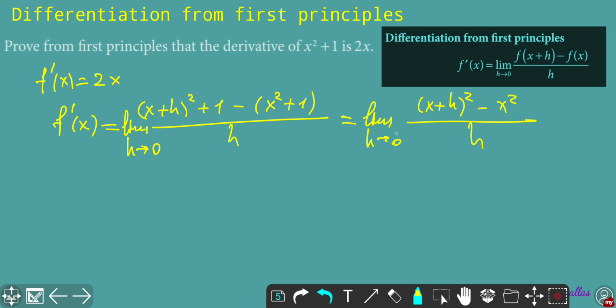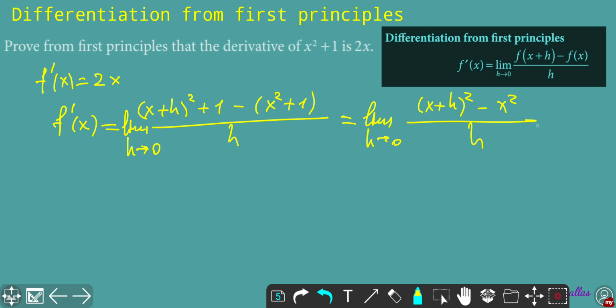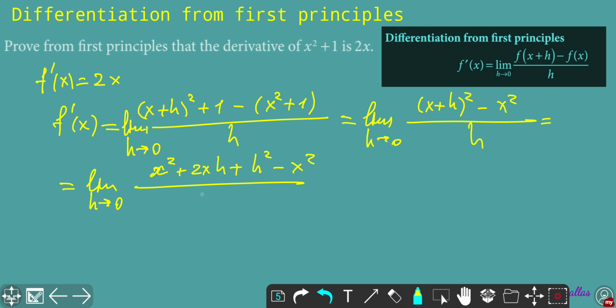And let's have a look at the expression. Just go back a little bit. We have already had that before, and we proved that the result of this is 2x. So we can say that this is going to be 2x, but I'll show you in a quick way. So limit h close to 0. In this case, I'll simply expand, using another formula: x squared plus 2xh plus h squared minus x squared, over h. x squared will be cancelled, and you'll get 2xh and h squared.